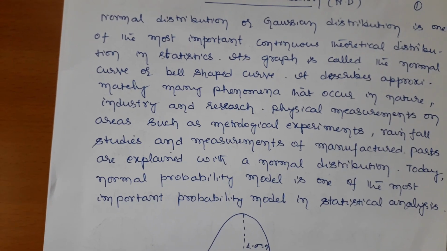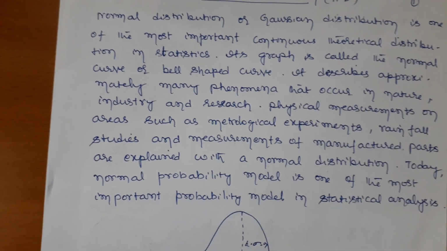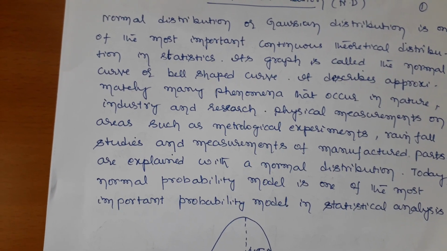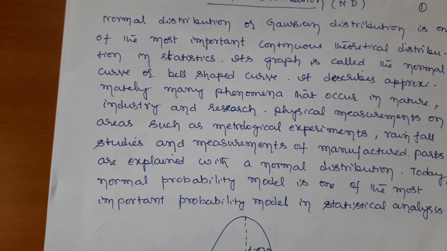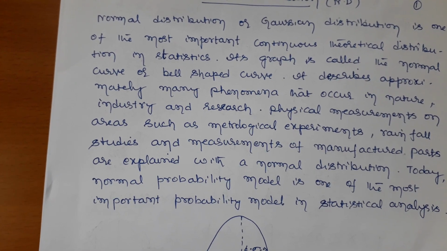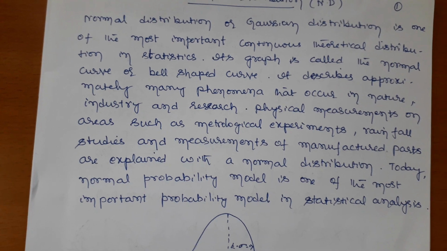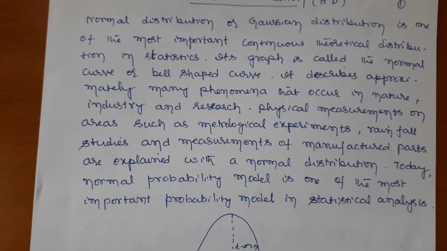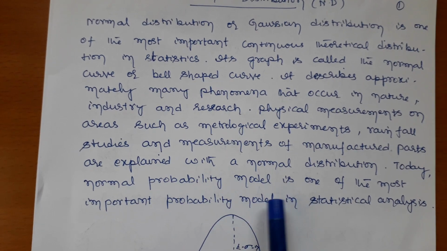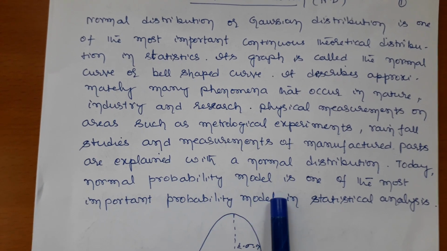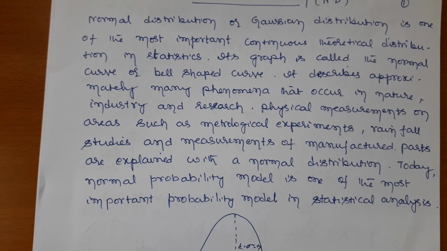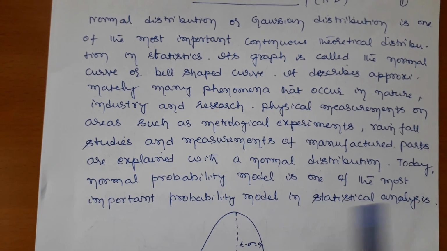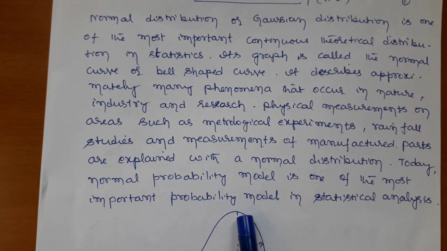Every day, we watch the news in any language, and at the end of the news they give a weather report prepared based on normal distribution or Gaussian distribution only.